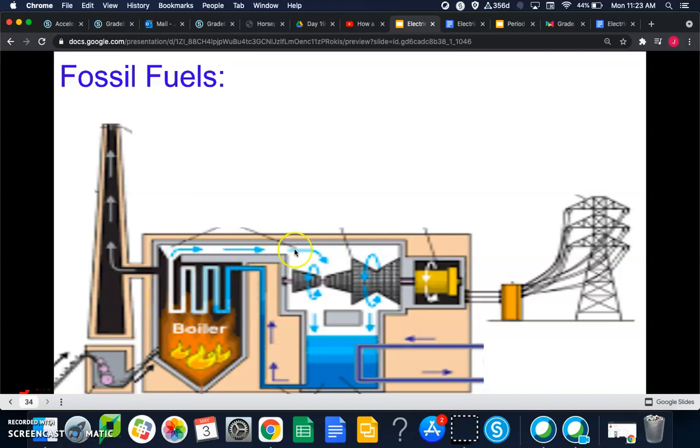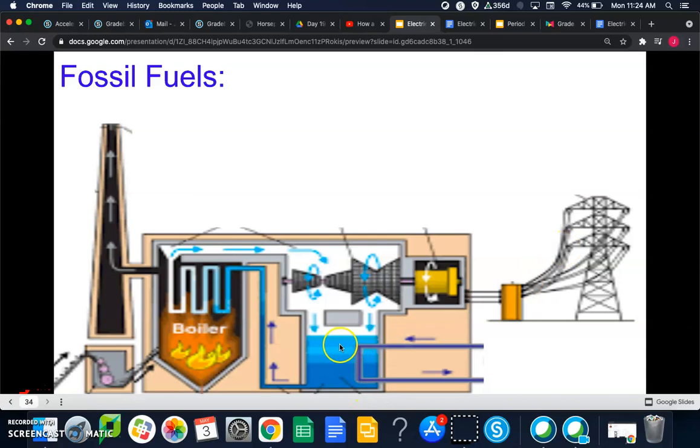The steam moves through the pipes into the turbine. The steam will spin the turbine. And then after the turbine spins, it'll spin the generator, and then the generator will generate electricity and carry that up into the power lines.